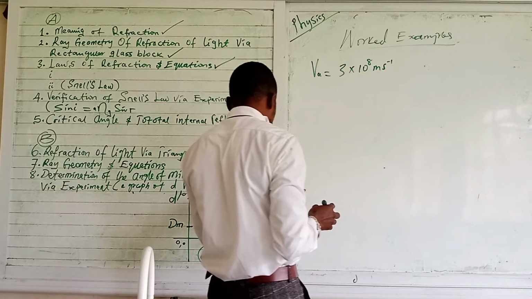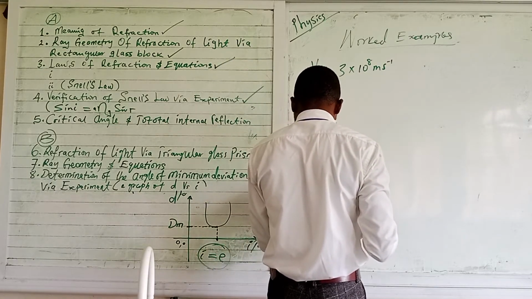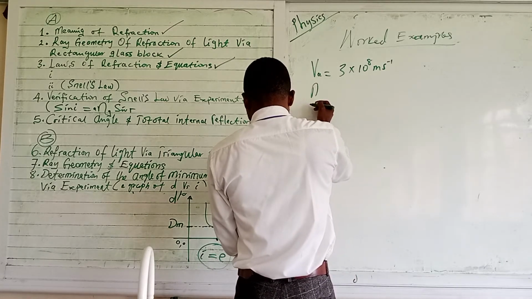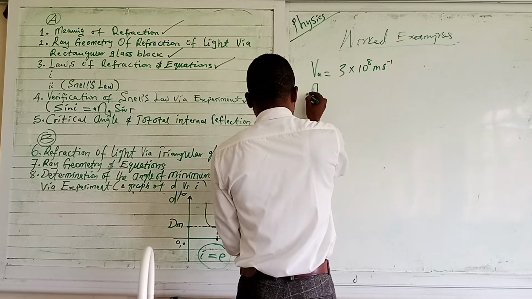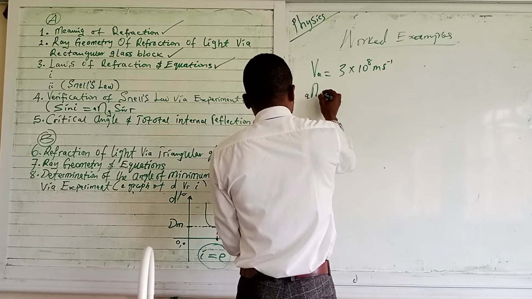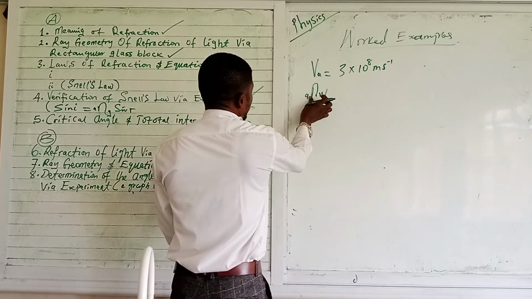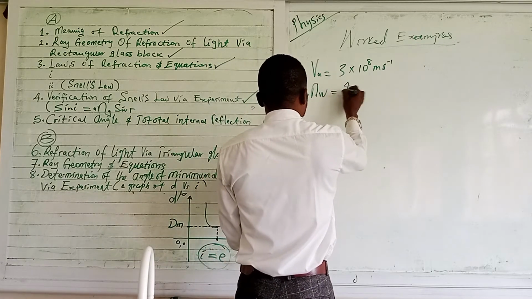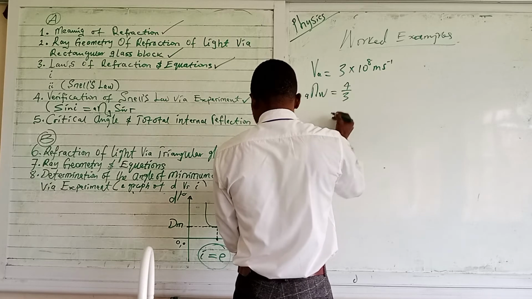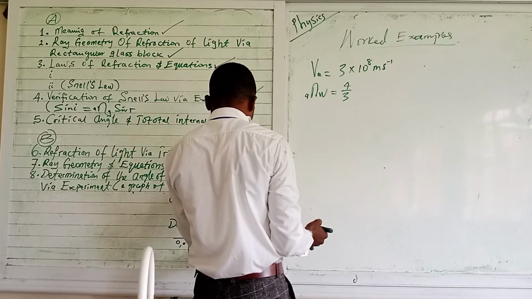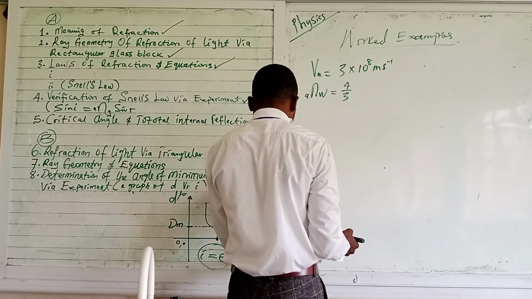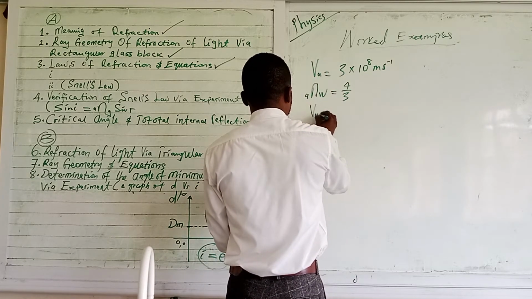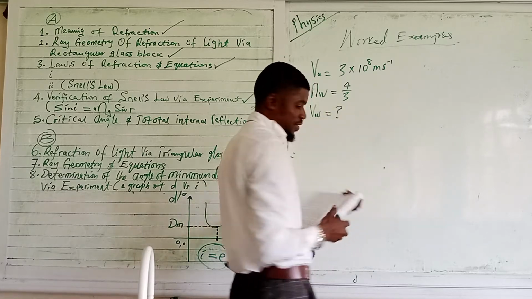If the refractive index of the light from air to water is given as 4 over 3, then which of the following is the correct value of the speed of light in water, VW? This is not given.